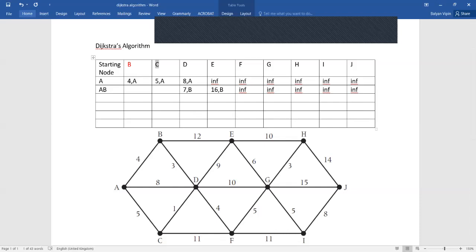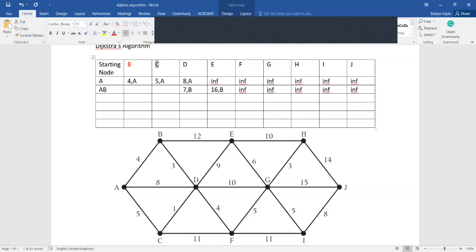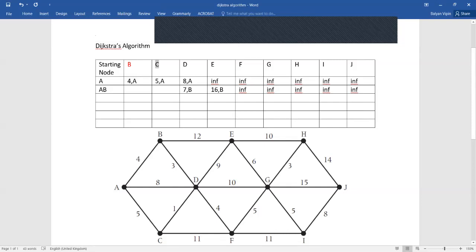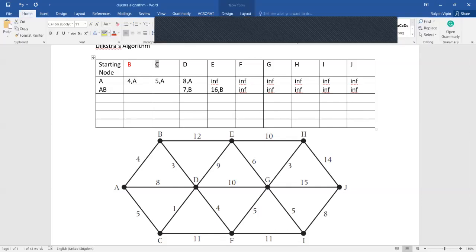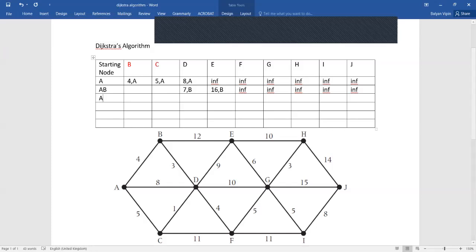So I'm making it red color again so that I know that I used this one also. So we will write here A, B, C. And now if you see C to B, there is no direct path between C and B, so you need not worry about it.